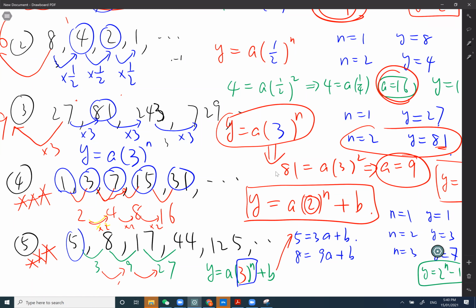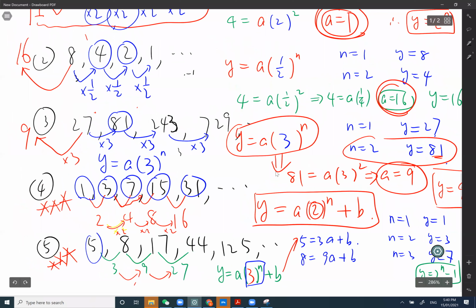Elisa, solve it. Equation 2 minus equation 1. 3 equals 6a, so a equals 3 over 6, which is half.